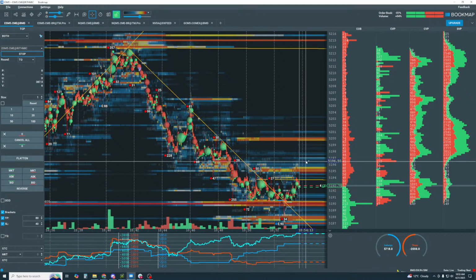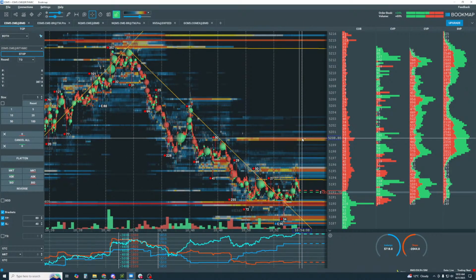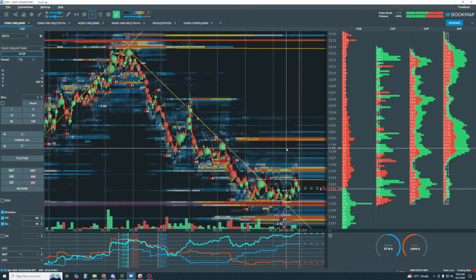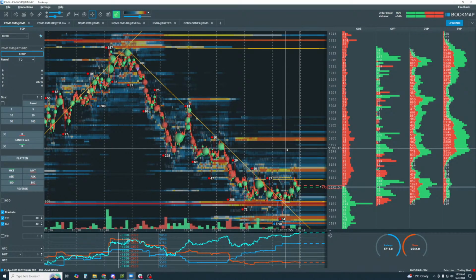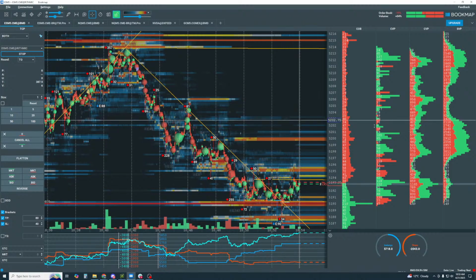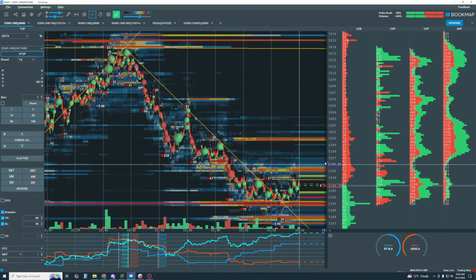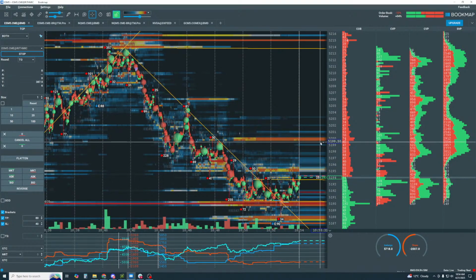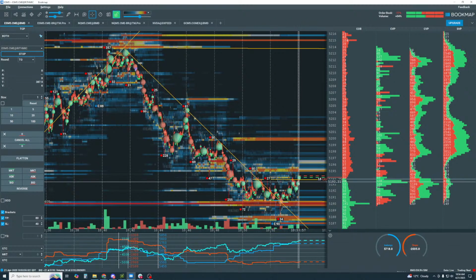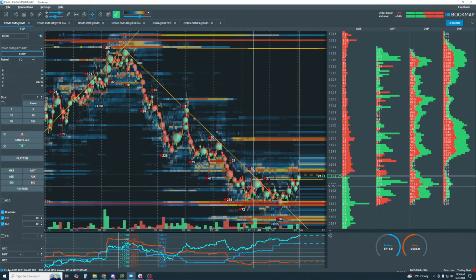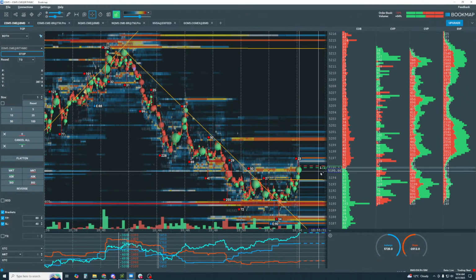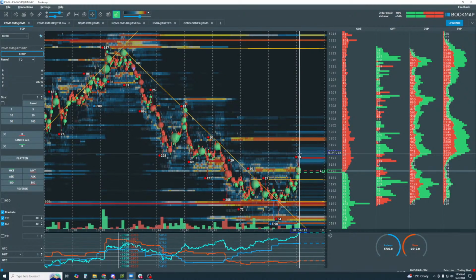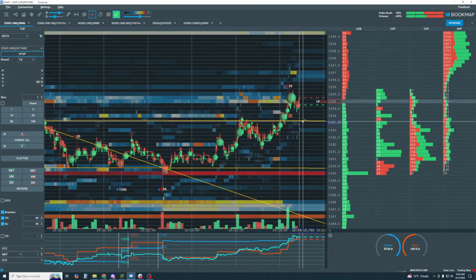Okay, so then we'd look for the move back up to maybe the 5200. Okay, not bad, just not a whole lot, right? I want to see these kinds of size of dots here. Okay, so now we have broken it. Okay, we can look for a pullback.